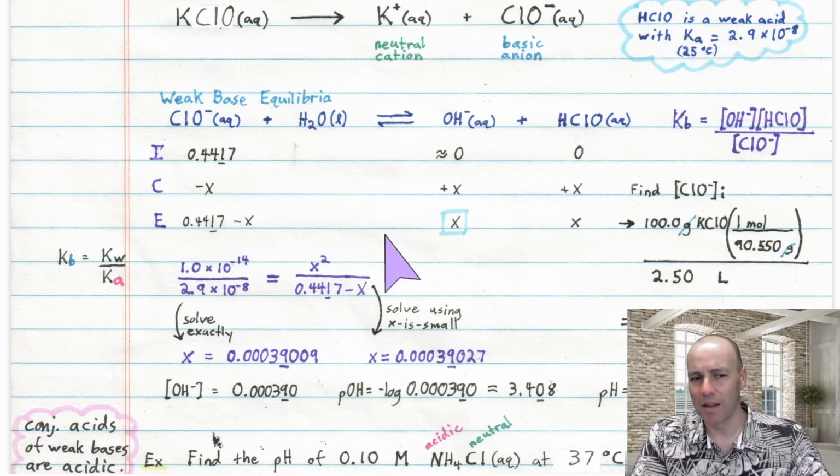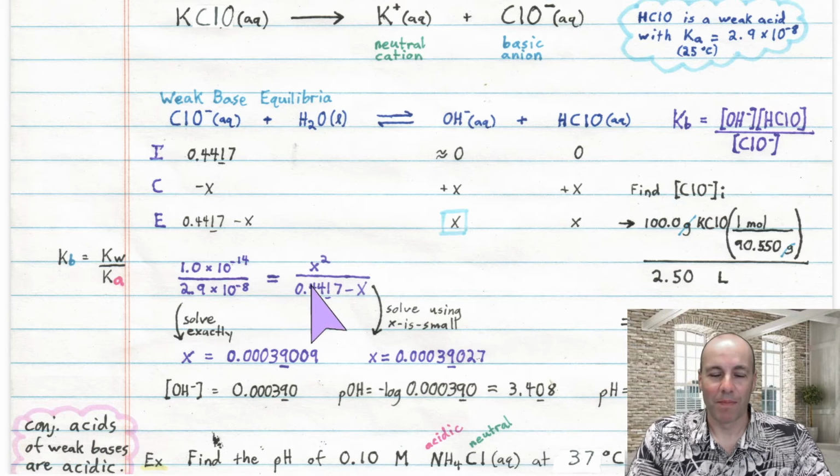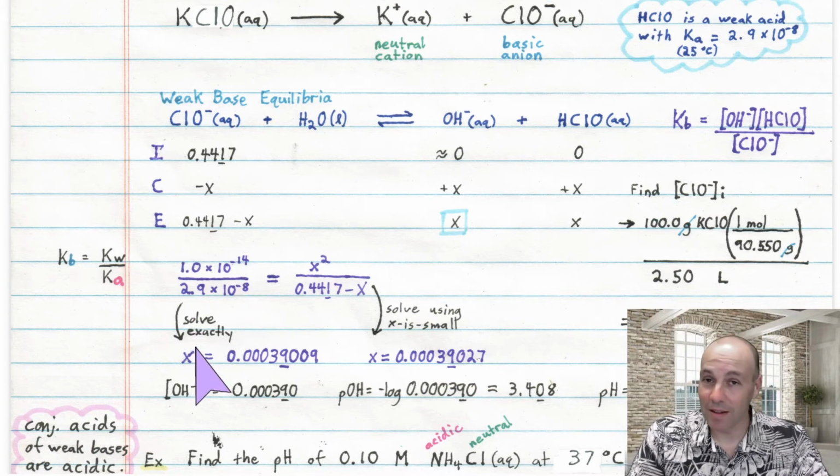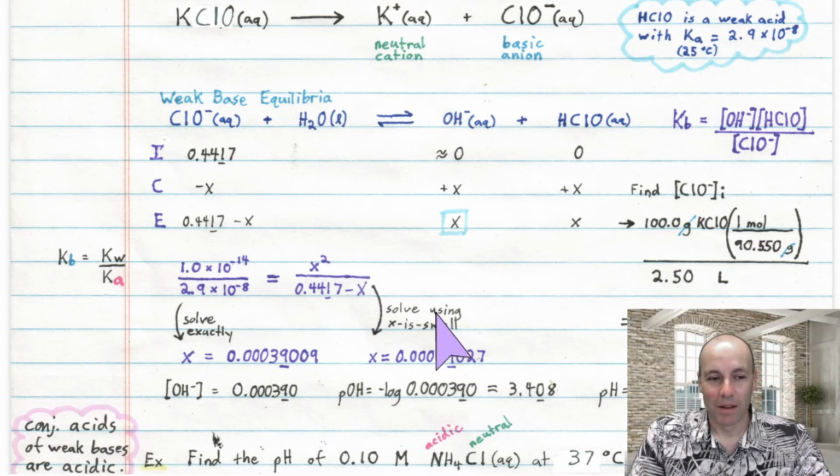Now this big nasty looking expression, you can solve for X. You can solve it exactly, which might take a little bit of time, and you'll get 0.00039, or you can use the X's small approximation and get rid of that X right there, and you get 0.00039. So I would recommend the X's small approximation, but whatever suits you, just solve it.